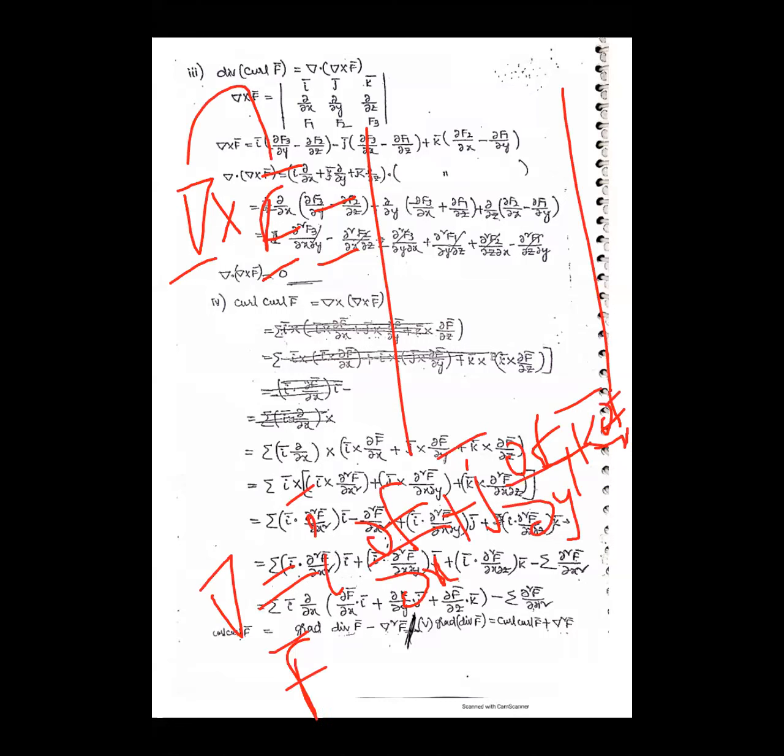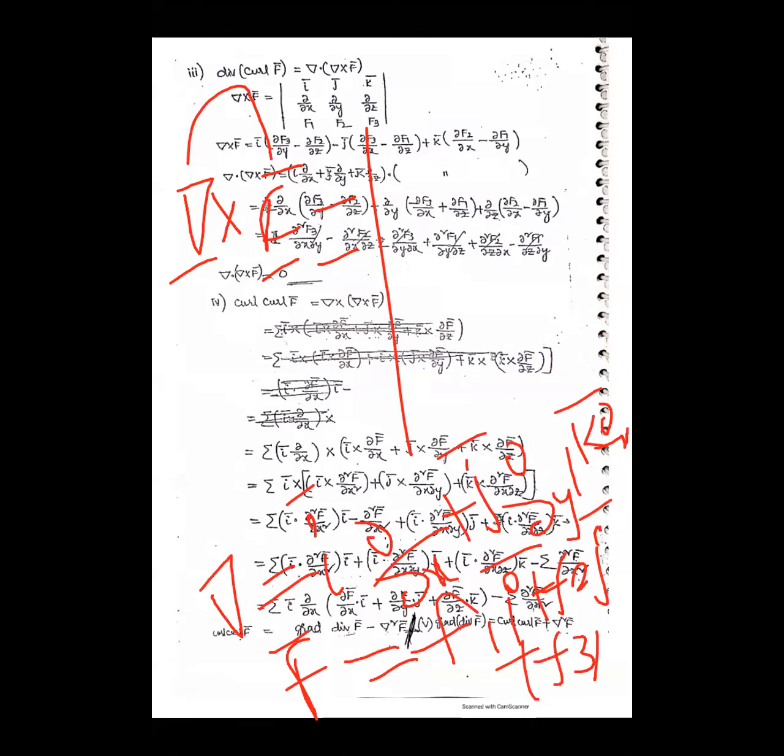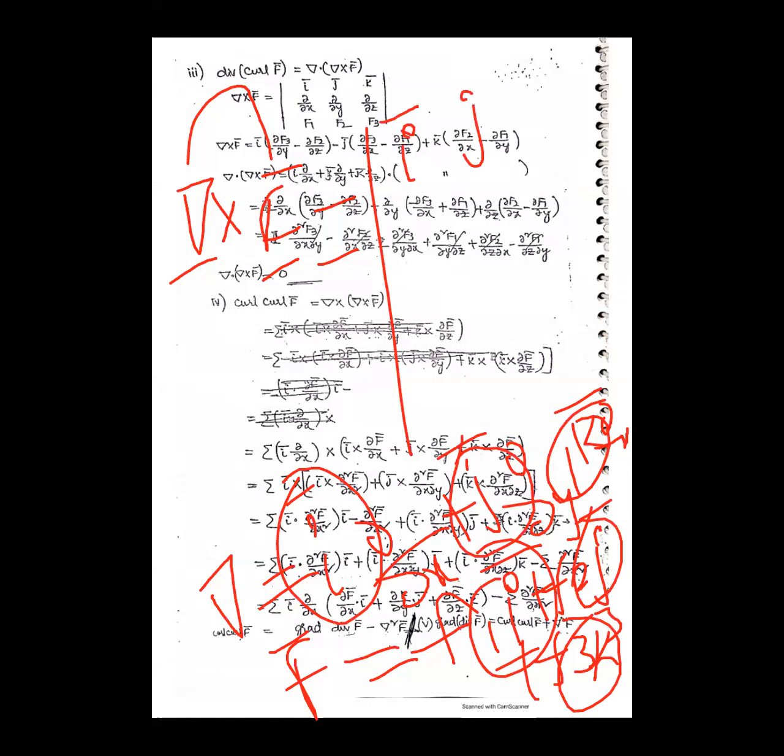Next f equals f1 i bar plus f2 j bar plus f3 k bar. Observe that these two are vectors. The vector coefficients of both terms are commonly i, j, k. So the first row is the common coefficient vectors, i, j, k.